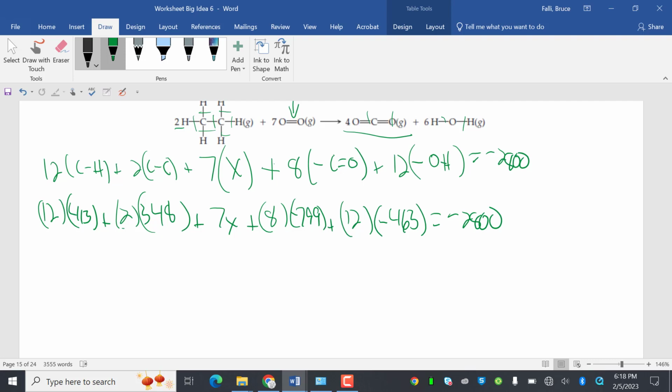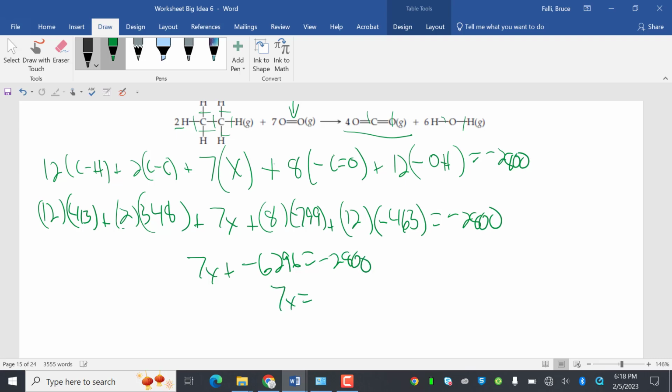We'll get 7x plus something. So 12 times 413 plus quantity 2 times 348, plus quantity 8 times negative 799, plus quantity 12 times negative 463. And that is negative 6296. So negative 6296 plus 7x equals negative 2,800.